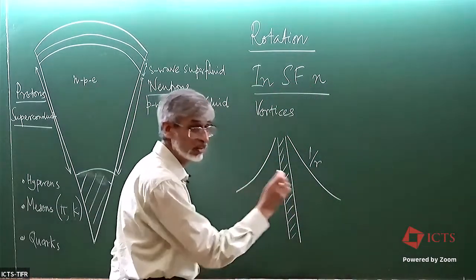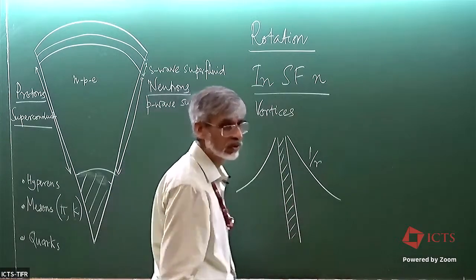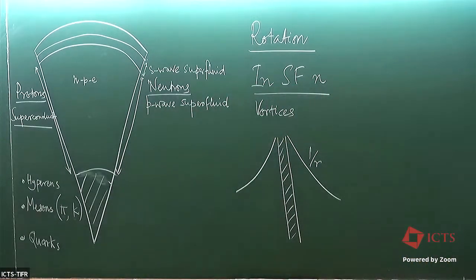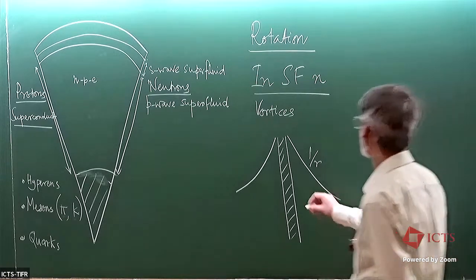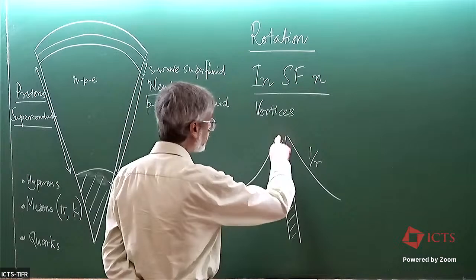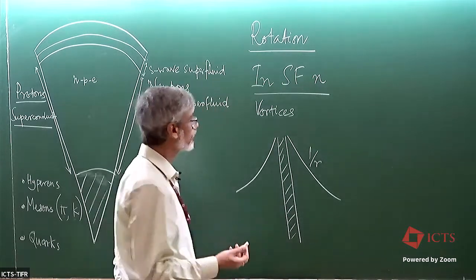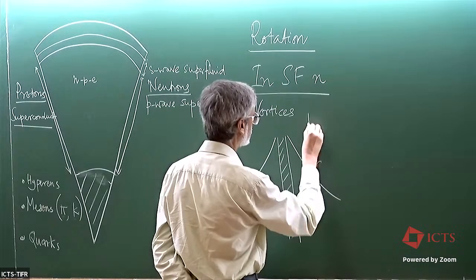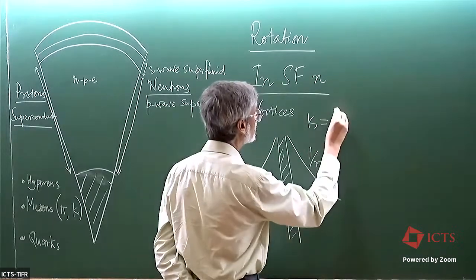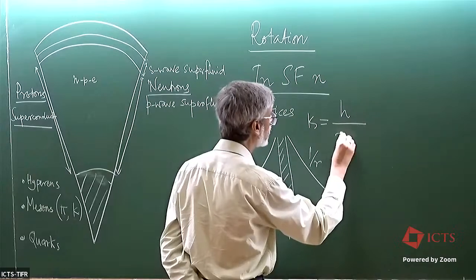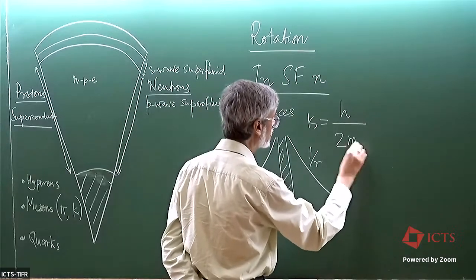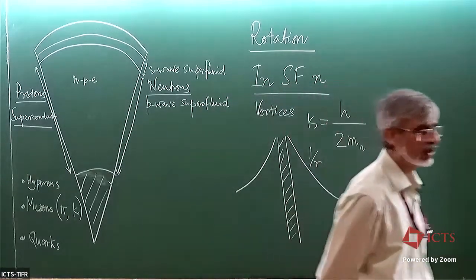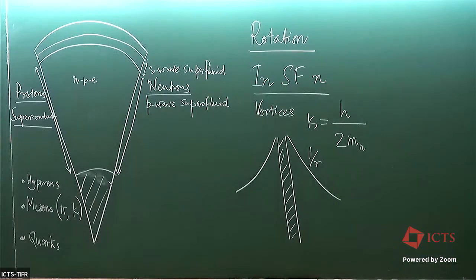So you have a circulation around the normal core. The vorticity carried by each quantized vortex, kappa, can be given as h divided by 2 times the mass of a neutron. That's because a pair has 2 neutrons, so it is really the mass of the pair.